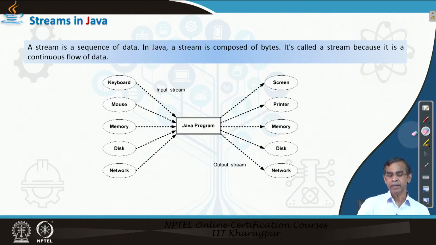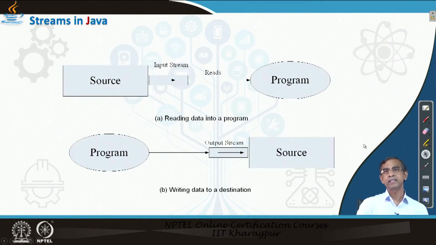Now, the java.io package is therefore there. This package has all sorts of operations or methods by which it can read data from any type of input source, and it can also write data from your program to any output destination.